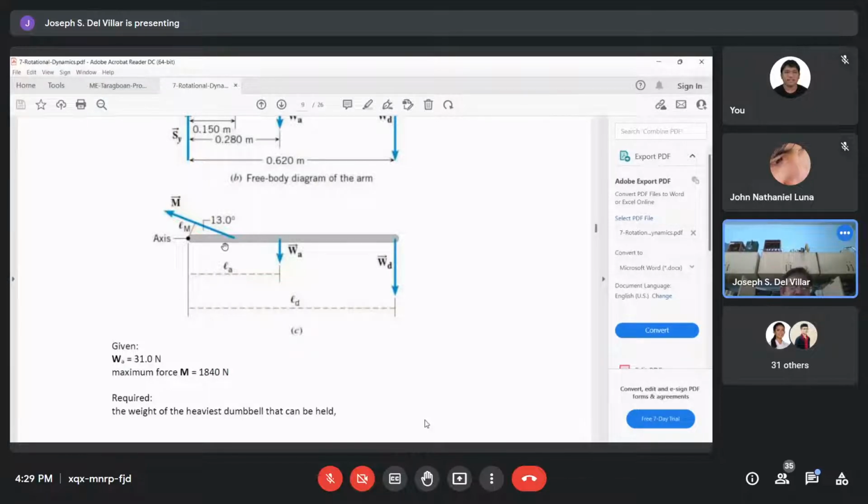So I repeat, 1,840 sine 13 times 0.15 minus 31 times 0.28 minus WD times 0.62 equal to 0. Give me the value of the weight of the dumbbell. That is the only unknown there. Okay?